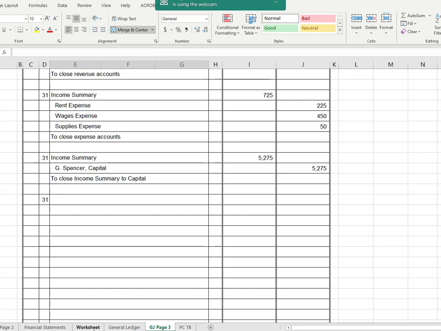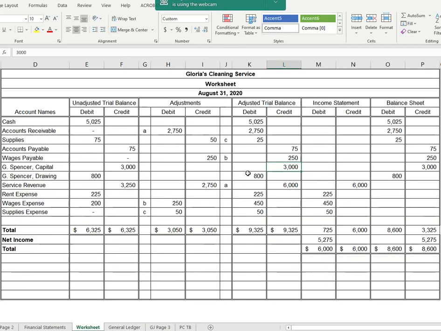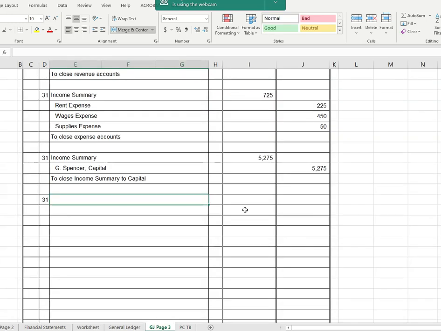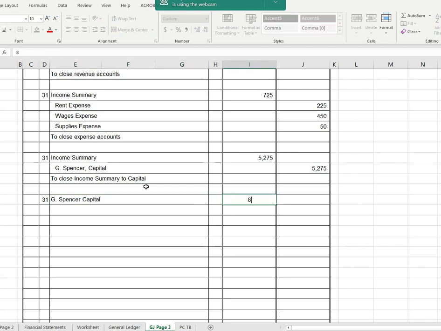So let's look at our worksheet and our adjusted trial balance, and our drawing account is a debit for $800. So I need to credit the drawing account for $800. So I'm going to debit my capital account. So it's G. Spencer Capital, and that's $800 as a debit, right?